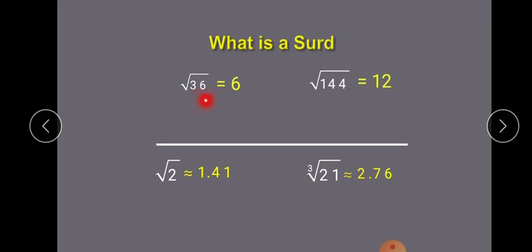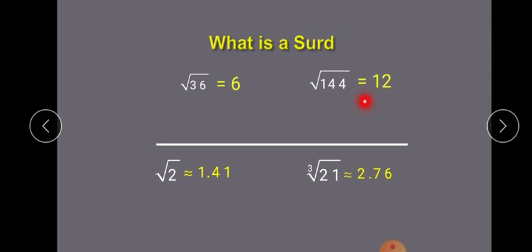So root 36 is equal to 6. Root 144. 144 is the square of 12. 12 squared equals 144. So the root will go and the answer will remain as 12.